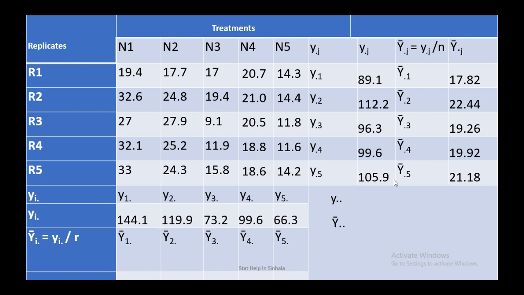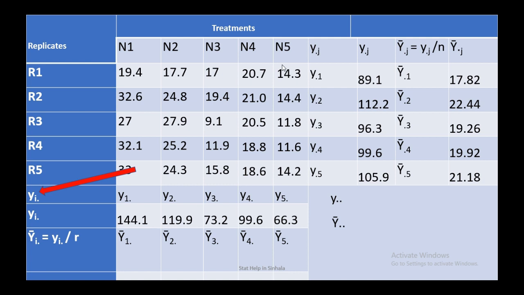To do the ANOVA analysis, you have to do these calculations before going to the ANOVA table. I will explain one by one how to do these calculations. The first one is Yi dot.